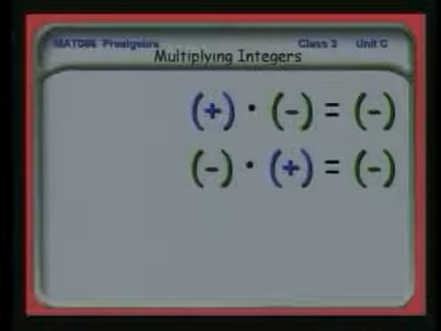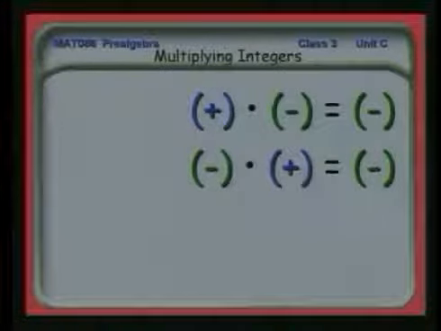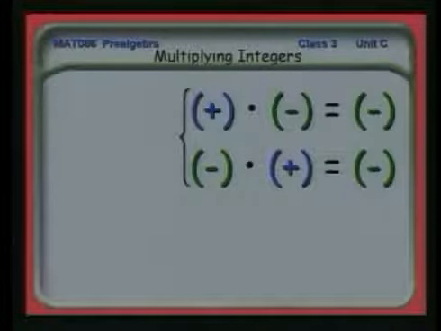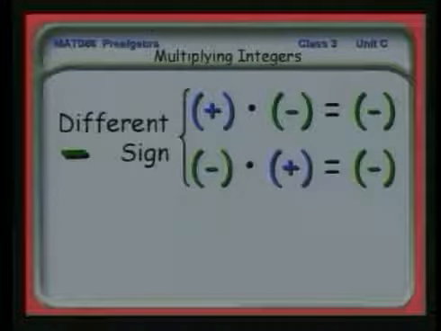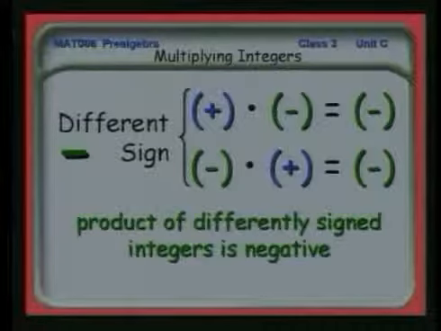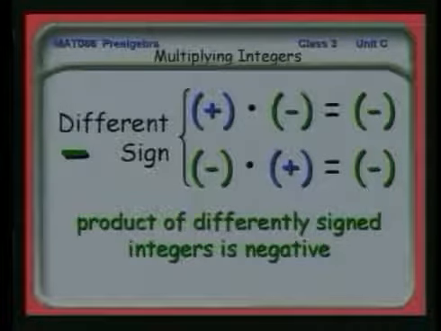On the other hand, if the signs of the two things I multiply are opposite to each other, if the signs are different, the product is going to be negative.